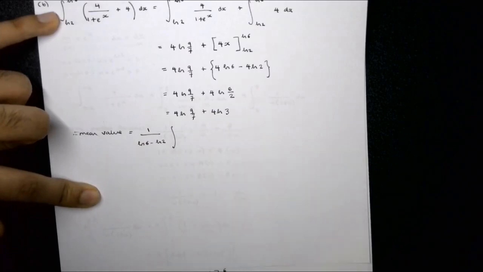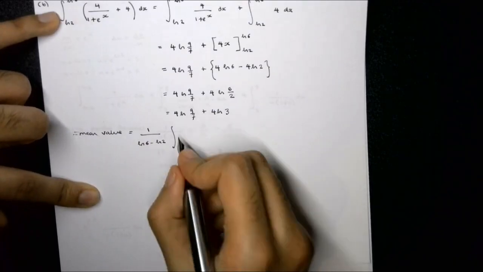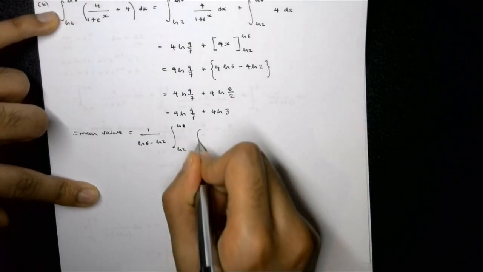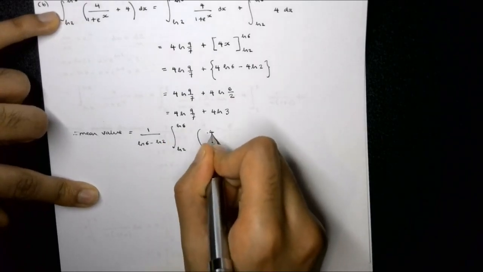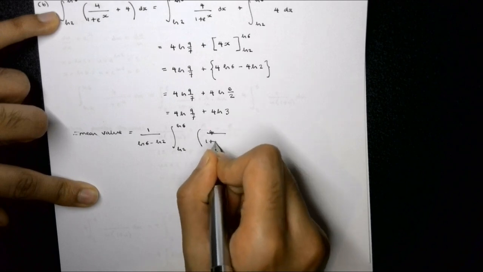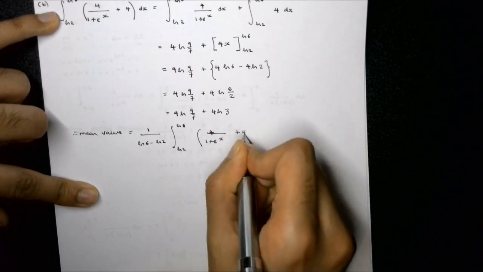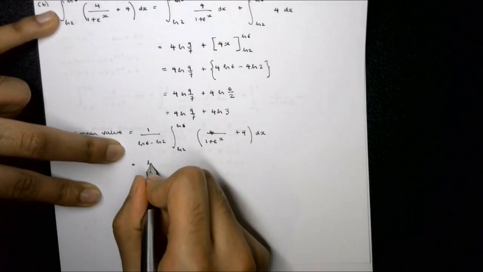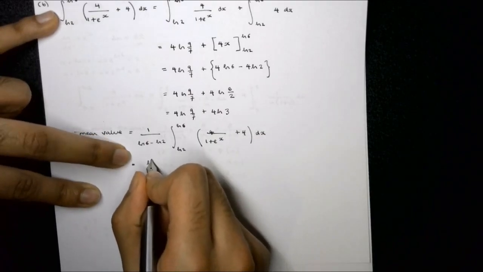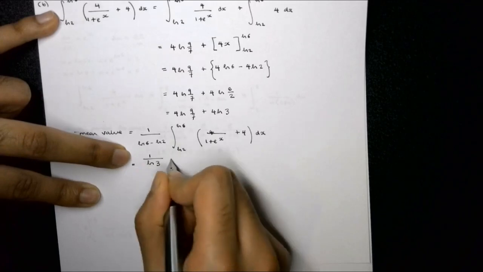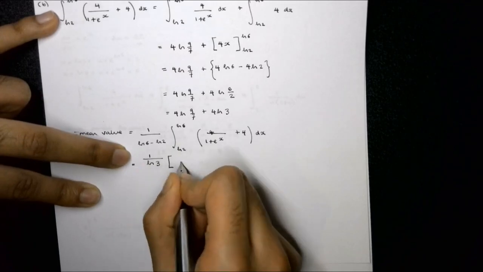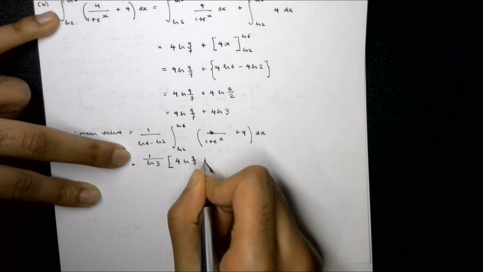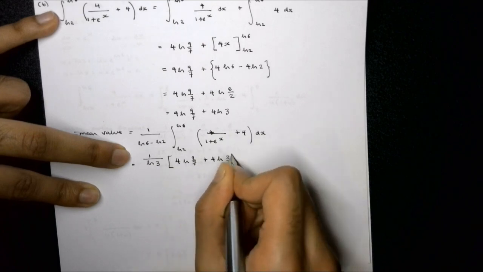So this result, the integral from natural log of 2 to natural log of 6 of 4 over 1 plus e to the x, plus 4, with respect to x. So here we've got 1 over the natural log of 3 times 4 times the natural log of 9 over 7 plus 4 times the natural log of 3.